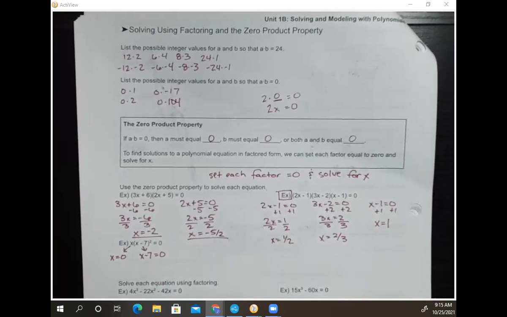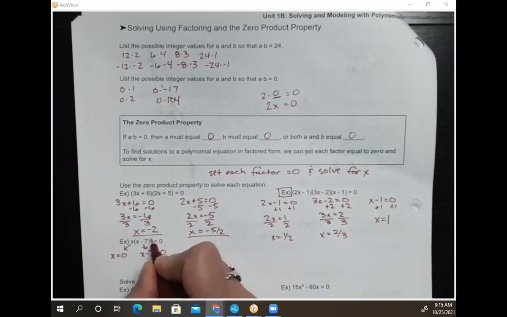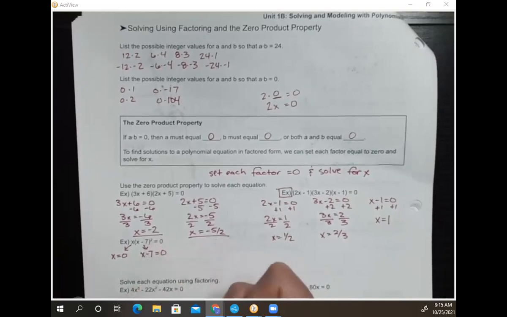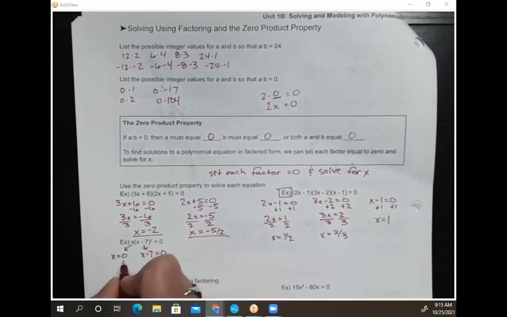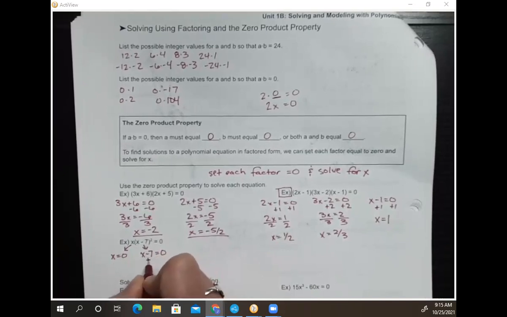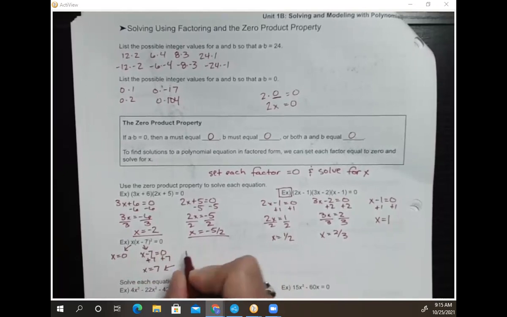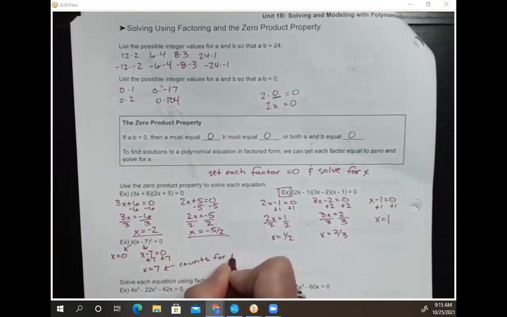How many zeros do I have? This one's going to count for 2 because of that quadratic behavior, okay? So I've got a solution at x equals 0, and then a solution at 7. And just remember that this one counts for 2 because of that multiplicity.